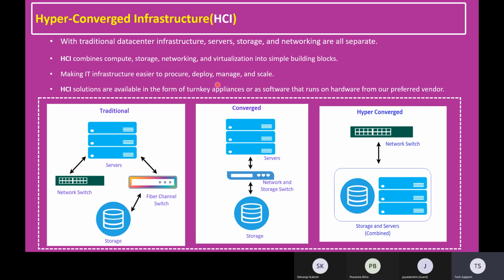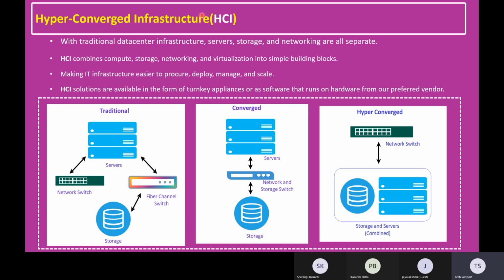Either you can use VMware appliances using HPE servers, or you can use HPE servers with Nutanix AOS also. That is called appliances, or software that runs on hardware from our preferred vendor. The preferred vendor can be HPE or any other third-party vendor like Dell, IBM, and so on. Any vendor we can use. Okay, so this is the basic overview of hyper-converged infrastructure.